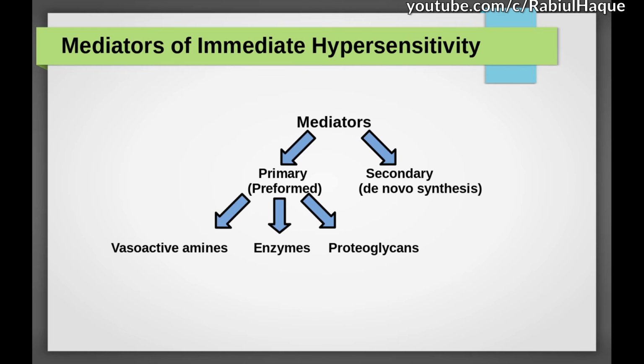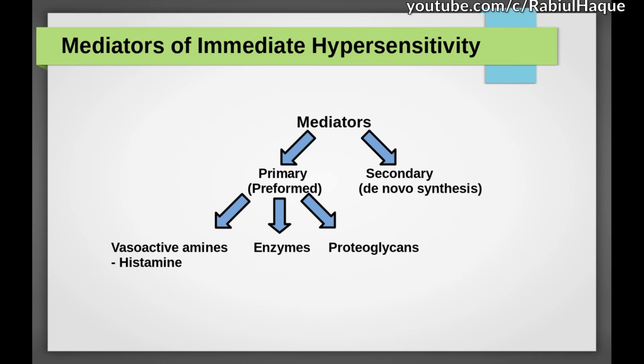Regarding vasoactive amines, always remember the most important mast cell-derived vasoactive amine is histamine. Histamine is responsible for intense smooth muscle contraction, increased mucus secretion by our bronchial, nasal, and gastric glands, and also for increased vascular permeability that we can see in type 1 hypersensitivity.